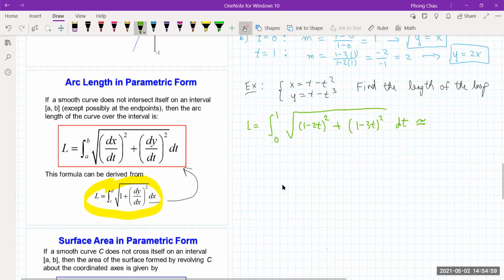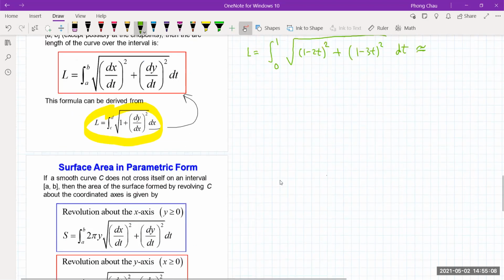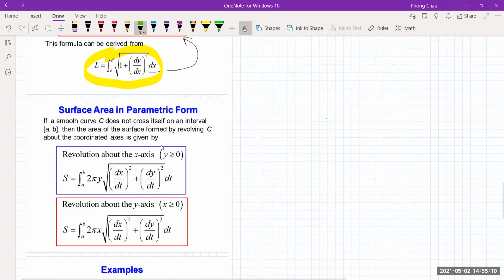Now next, and the final topic is the surface area. Okay, it's the surface area. Now recall in surface area, it's 2 pi radius.